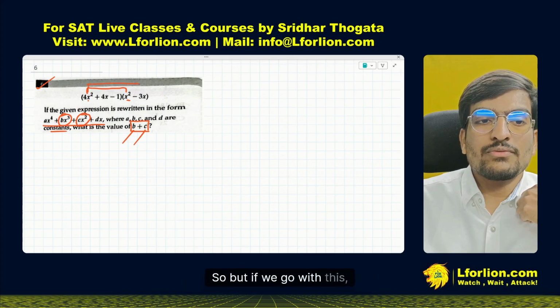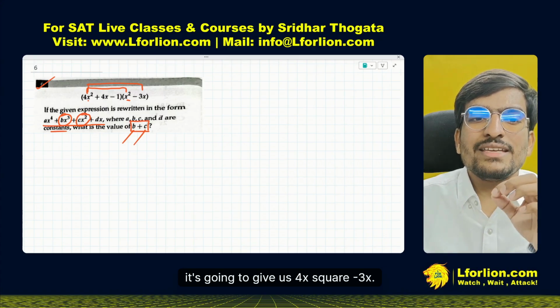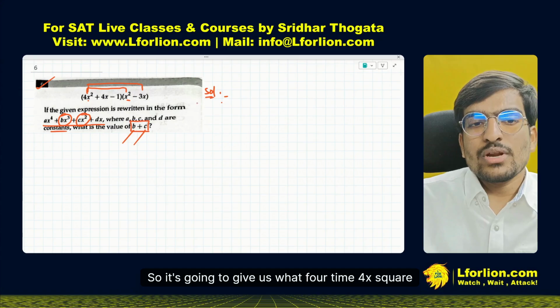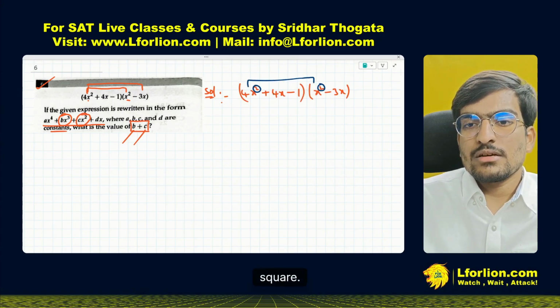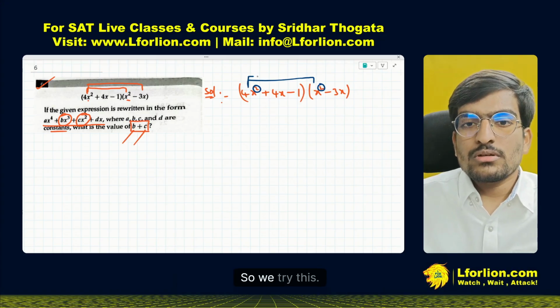But if we go with this, it's going to give us 4x square minus 3x. So it's going to give us what? 4 times 4x square, we won't consider this because we end up with x power 4. So we try this.